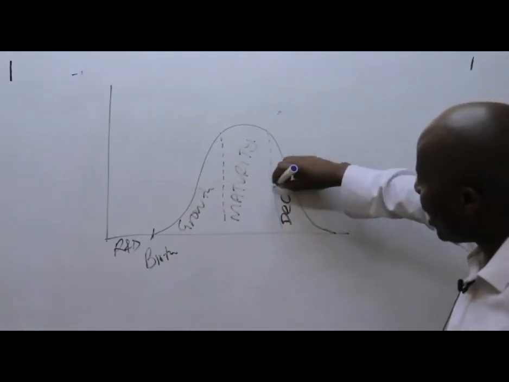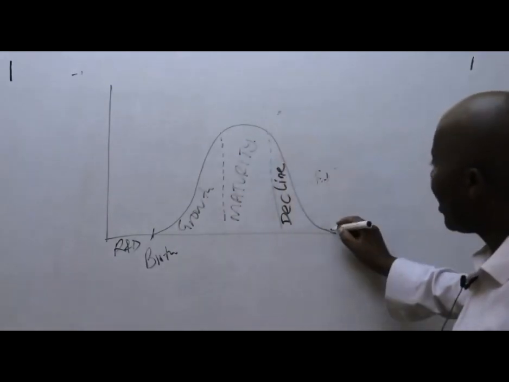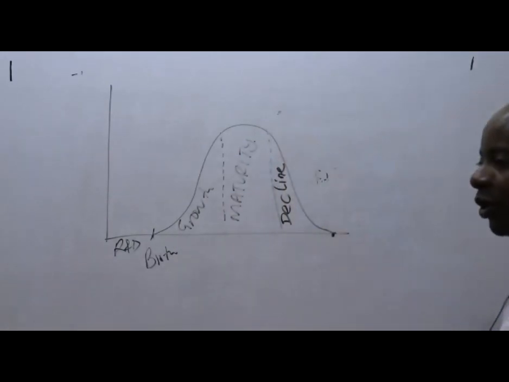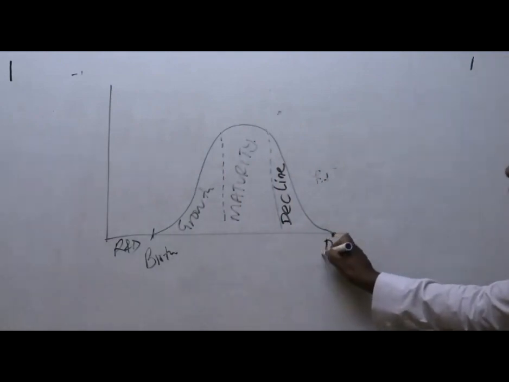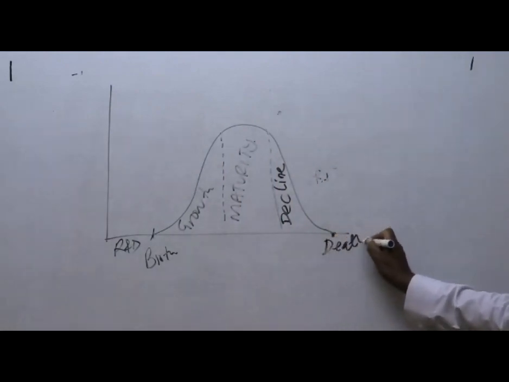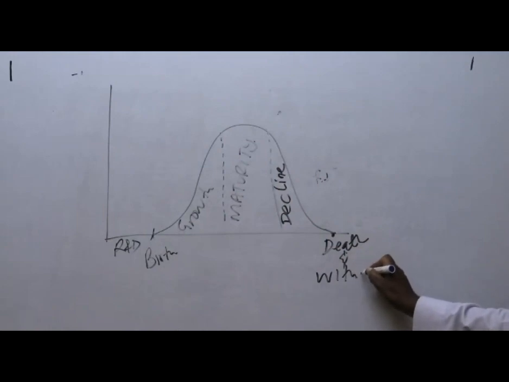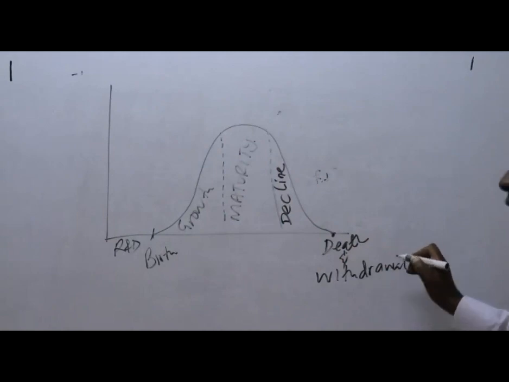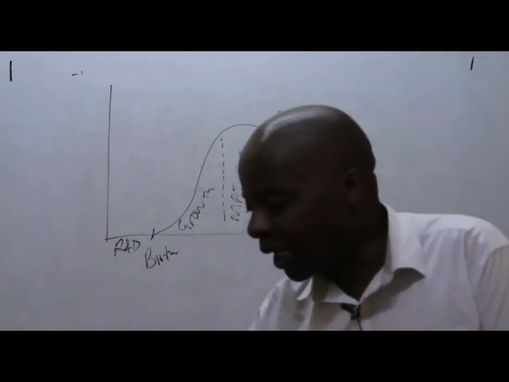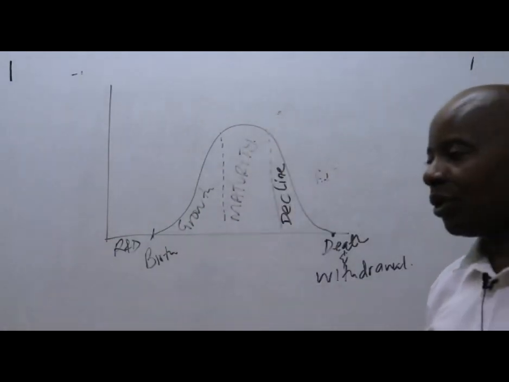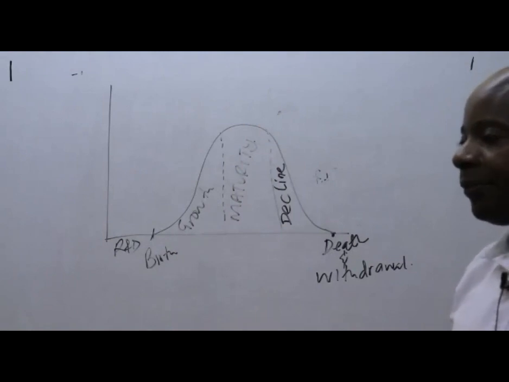We have decline, and then lastly, we have what we call the death and withdrawal from the market. Please draw this very fast. Death and withdrawal from the market.